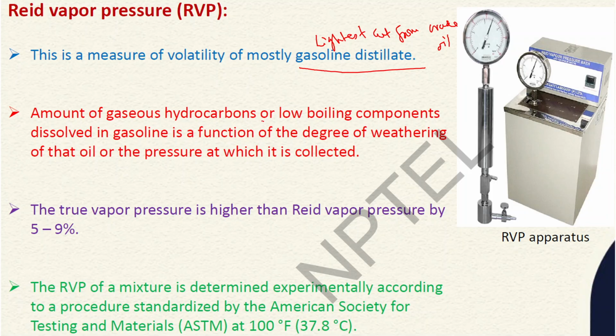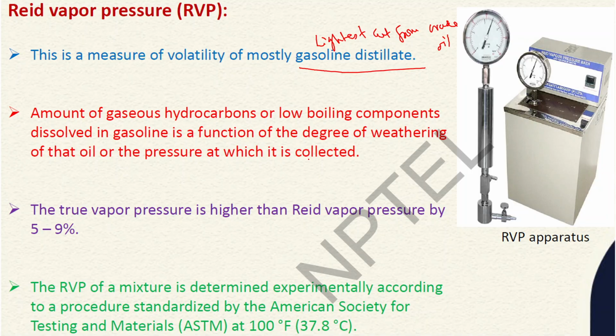The amount of gaseous hydrocarbons or low boiling components dissolved in gasoline is a function of the degree of weathering of that oil or the pressure at which it is collected. Sometimes there are lighter cuts present in our gasoline, due to the degree of weathering or due to collection at high pressure.